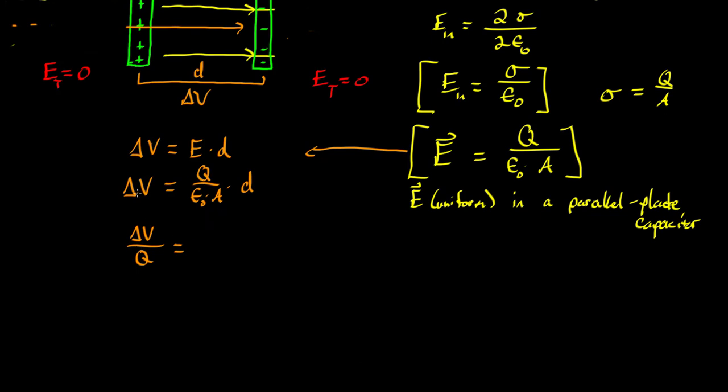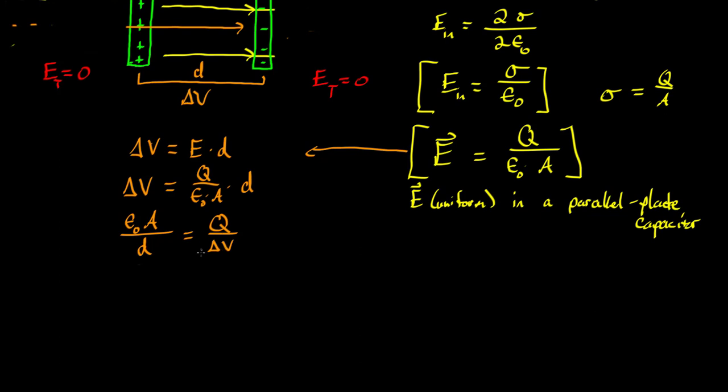I want Q to delta V. Let me redo this. Because it's the charge that drives the potential difference, not the other way around. Like when we started adding charge, it makes a higher hill, so we get a bigger potential difference. So we'll move this one down, this one comes up, so we get epsilon naught times area, and then we would divide by D is equal to Q over delta V.